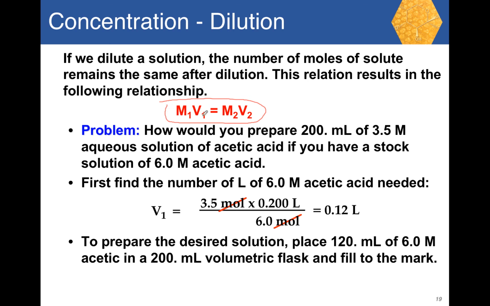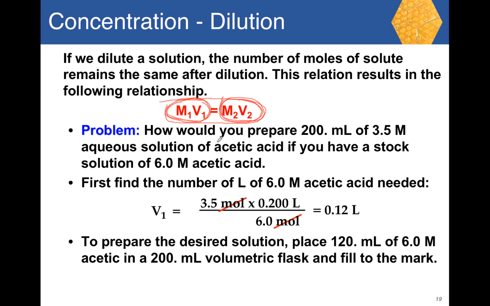We have 1, 1, 2, 2, which means this could be the concentrated solution, or the stock solution, and this would be the solution after it's diluted, which means the molarity and the volume, and the molarity and the volume. So let's apply that equation to solving your problem.